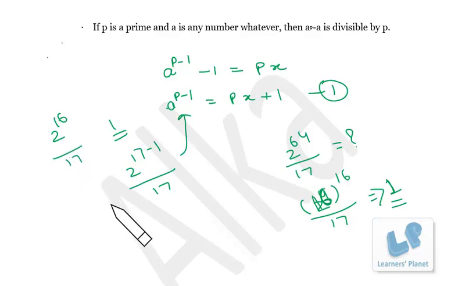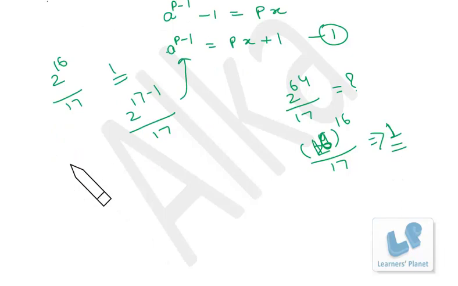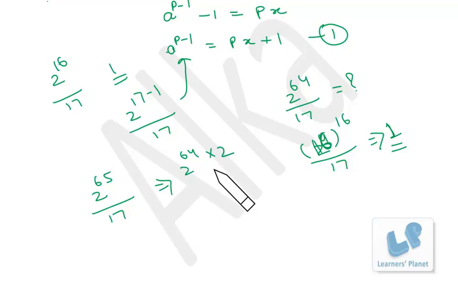Now suppose you have 2 raised to 65, and you have to divide this by 17 to get the remainder. Then you can convert this to 2 raised to 64 into 2. Now 2 raised to 64, as I told you earlier, is 4 raised to 16, which gives the remainder 1.